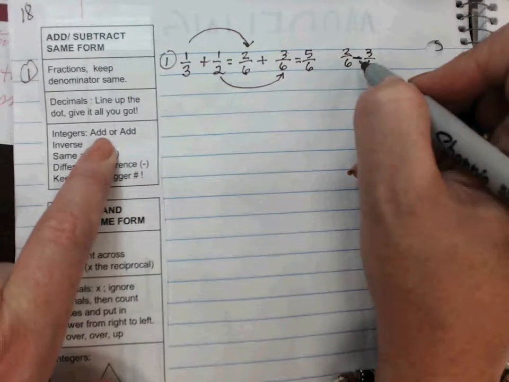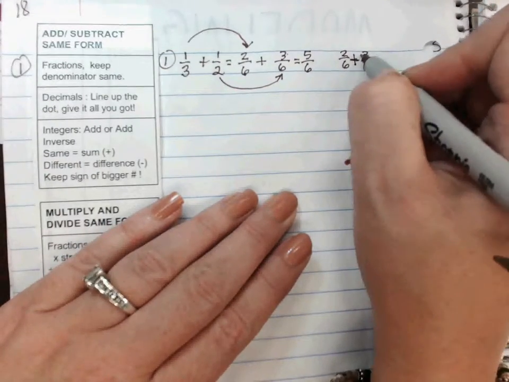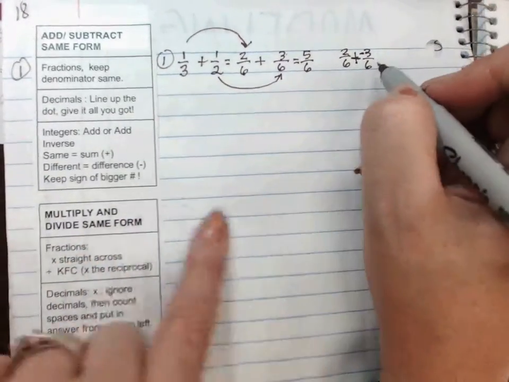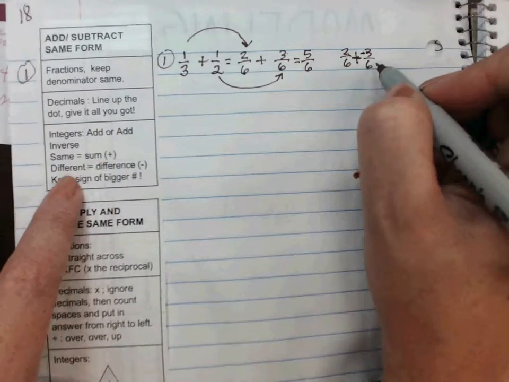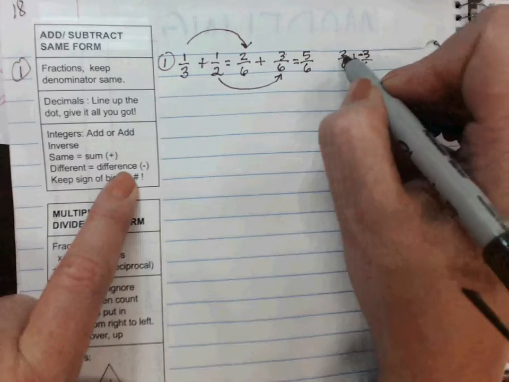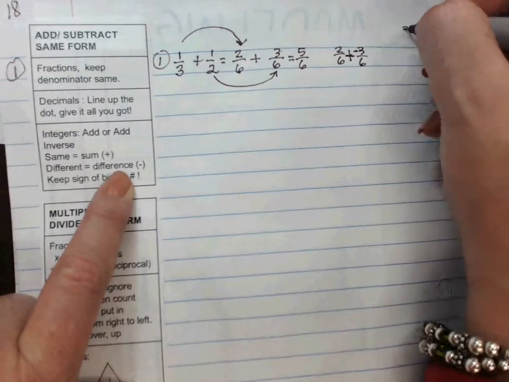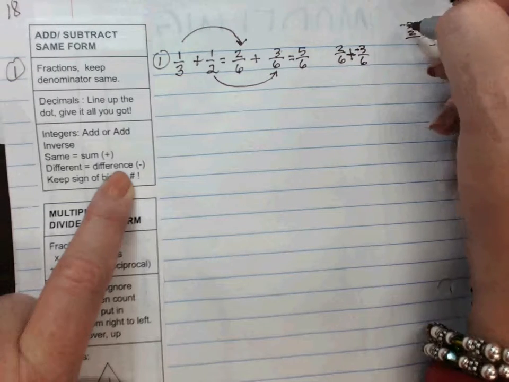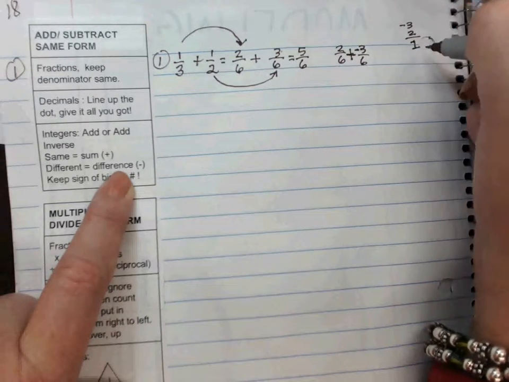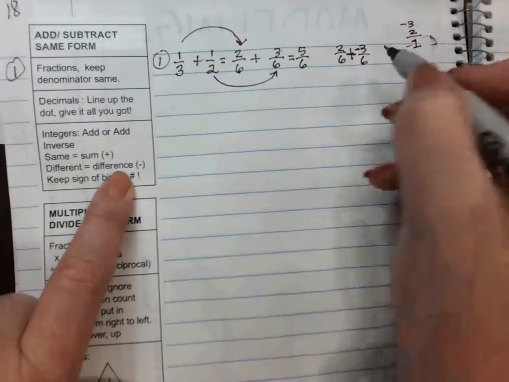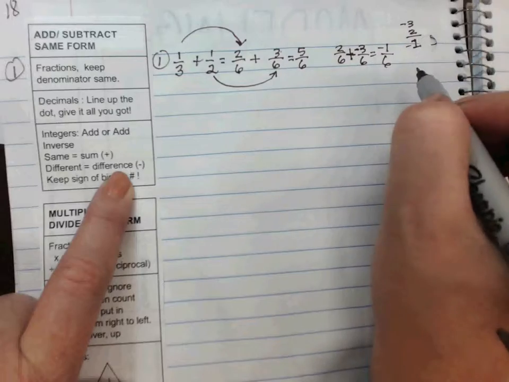If it's not add, I need to do add inverse. So I would keep, flip, and change. Then I would have to remember, do I have same signs, so I find the sum, or different signs, so I find the difference. Here they're different. So I would put the big number on top, off to the side or down low, and I would subtract and keep the sign of the bigger number. So I would get a -1 and keep the denominator.